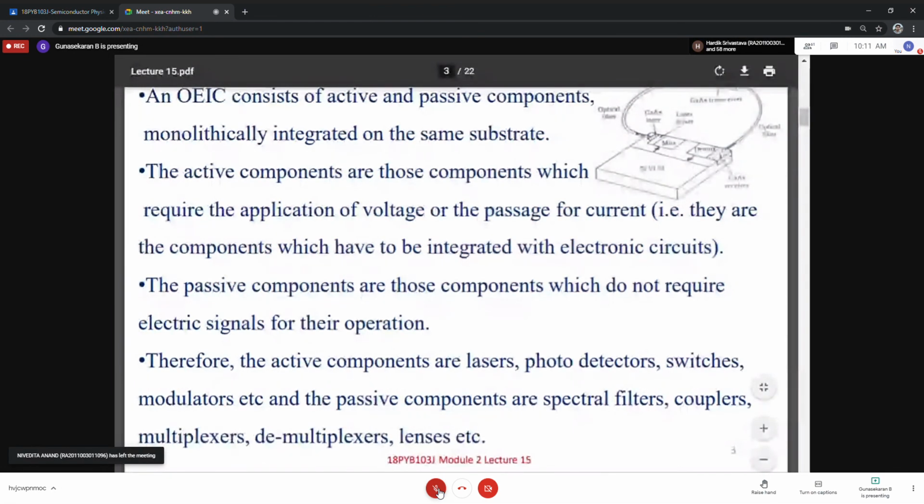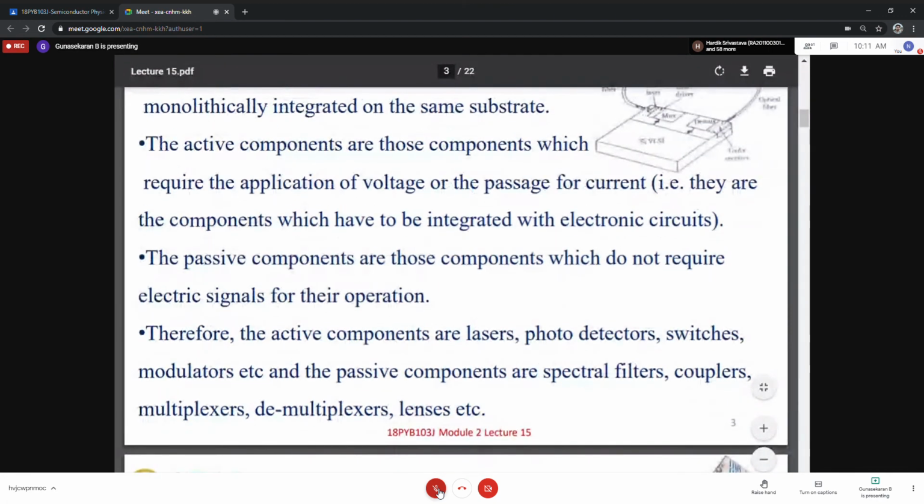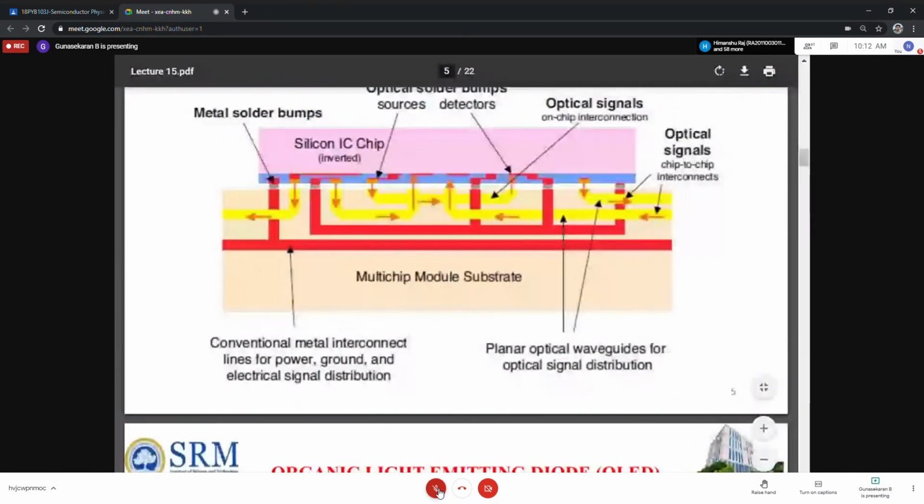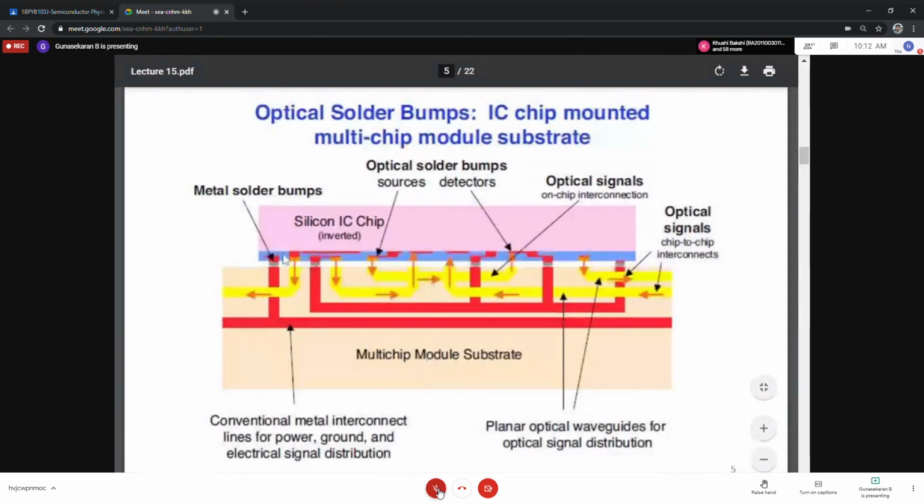Okay, just wait, I will show the diagram. So how each and every one is fabricated here. See, that is a substrate, and on the substrate you take each and every one. The first one is the conventional metal interconnect lines for power and ground and also the electrical signal.